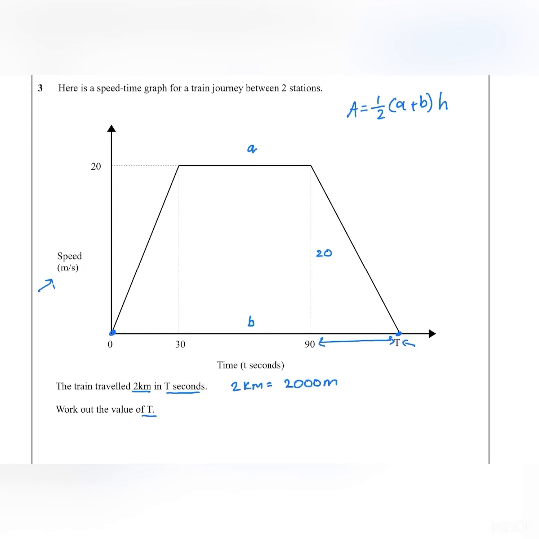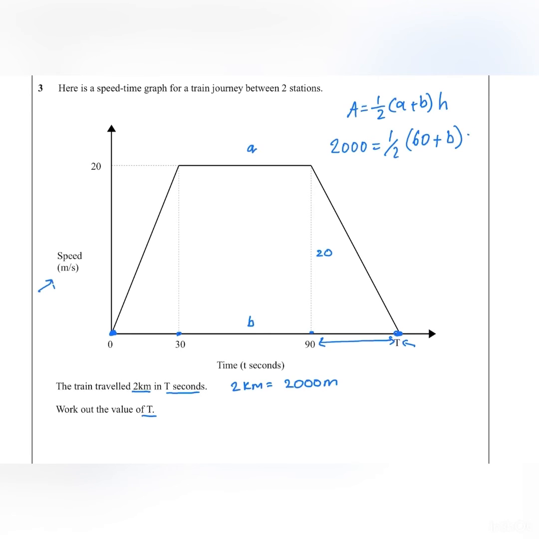So if you put our information in, the area is 2,000. That was given in the question. Half, and A and B. So A is between 30 and 90, which is 60. And B is all the way from there to here, so I'm just going to call that B over here.